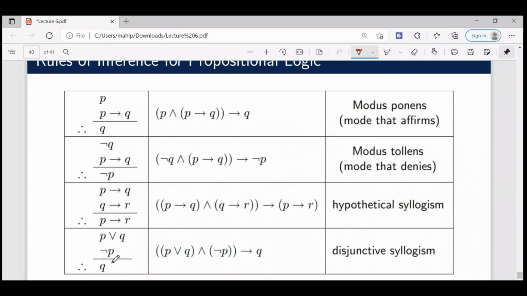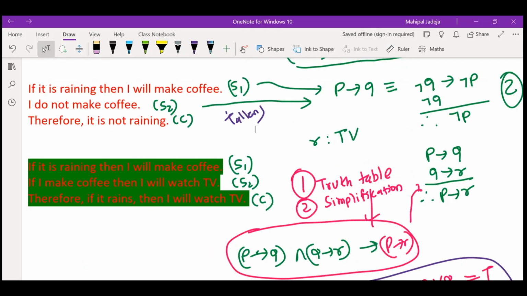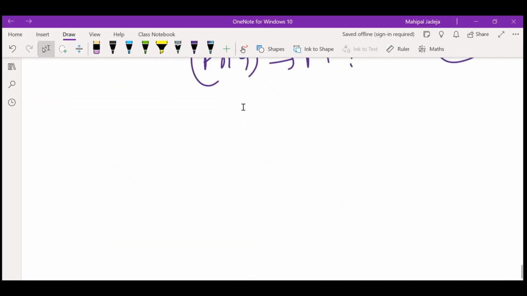Now in order to verify whether you have actually understood this or not, I'm going to give you some propositions and then you need to tell me whether the conclusion is correct or not with respect to these given statements. Okay.